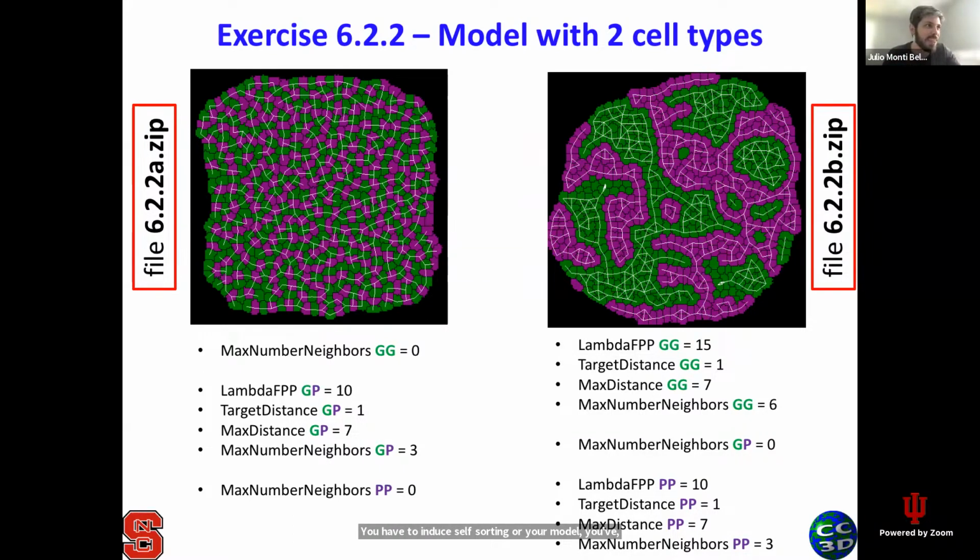And conversely, if the cell sorting is happening and the cells do not have protrusions, but maybe have a difference in cadherin expression or some other adhesion molecule, then you should, in your model, try to produce a pattern using contact energies and not FPP links. Okay, so the files for both simulations can be found in 6.22a and 6.22b. You can download them in the student materials and use them.